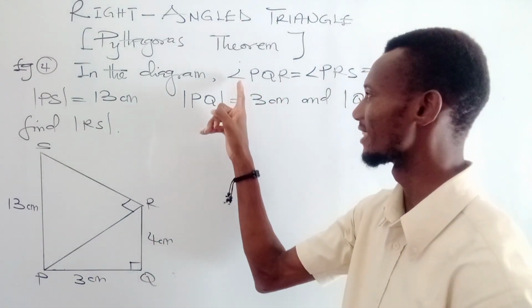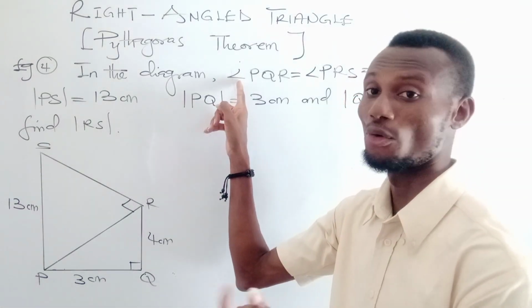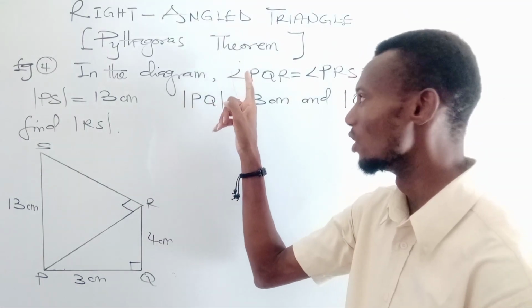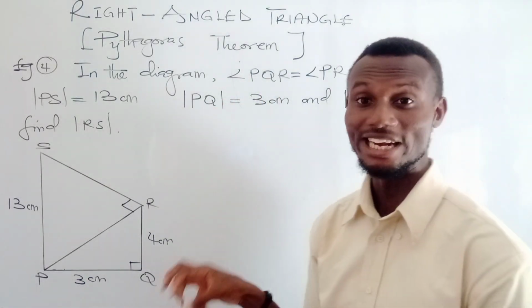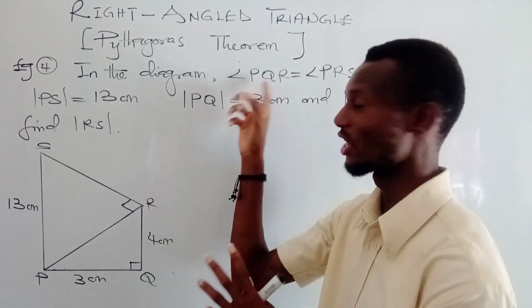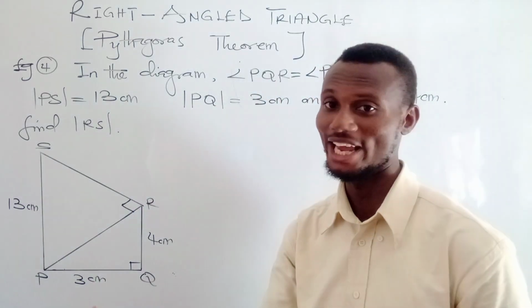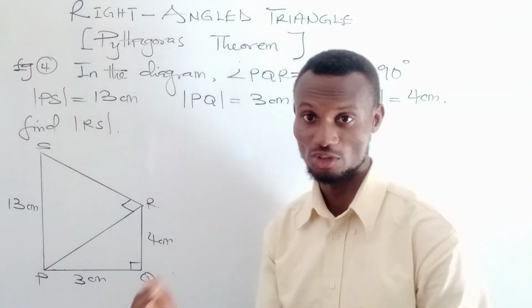This is the symbol for an angle. So this symbol represents angle, and we pronounce it angle PQR. So we need to be able to identify the angle PQR from the given diagram, and also angle PRS, so that we can proceed further.